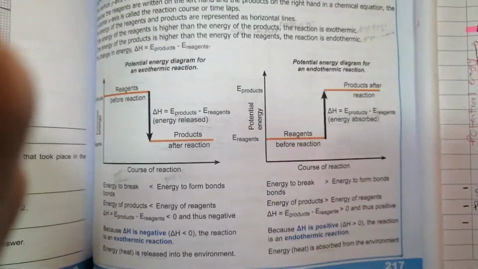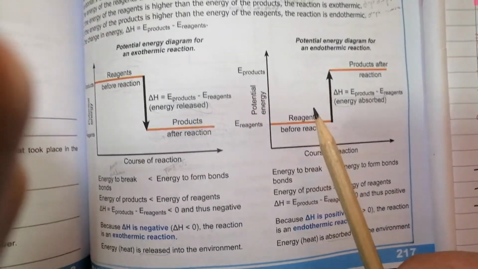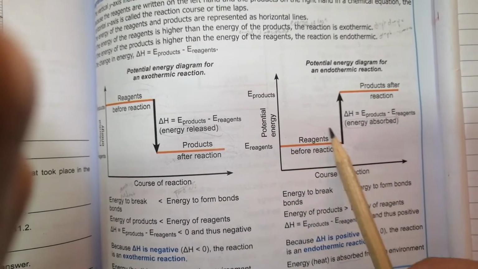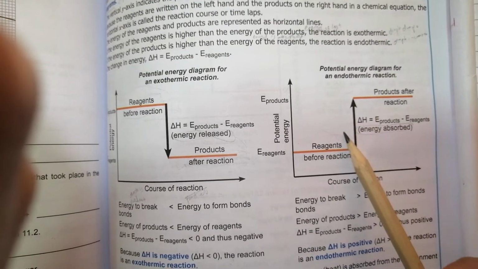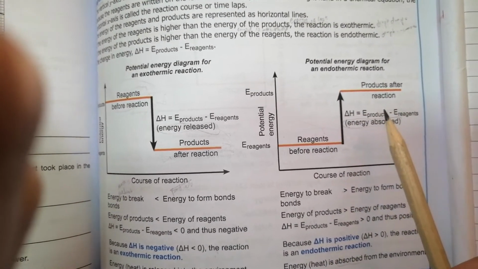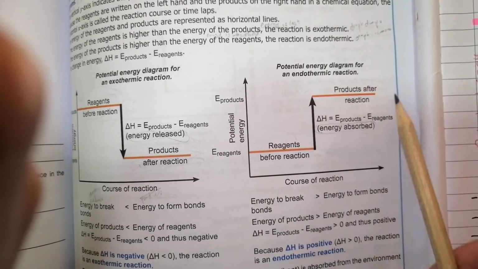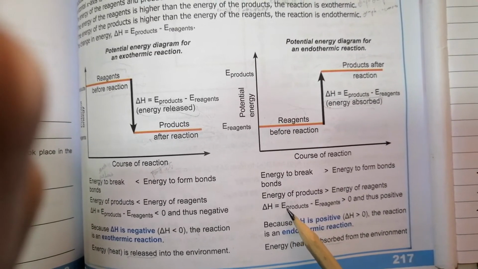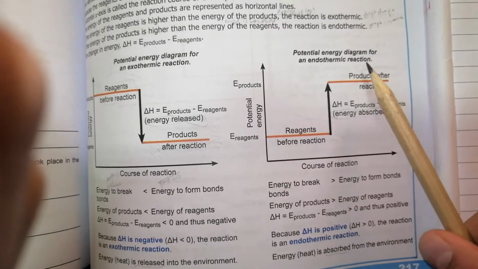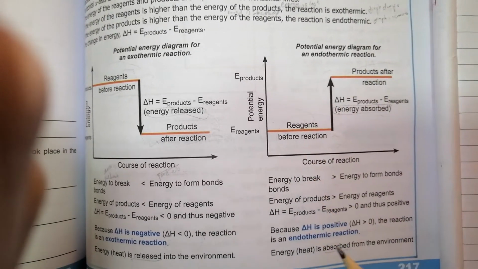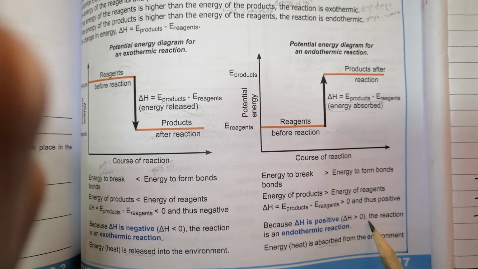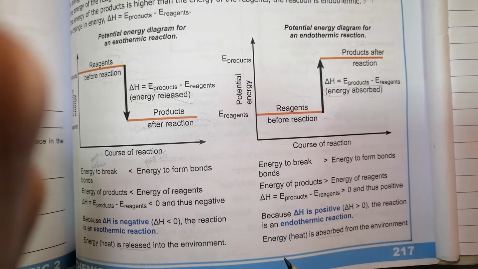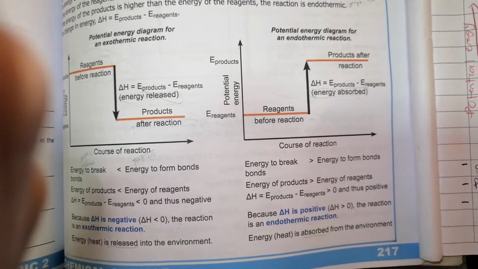Now, if you're looking at an endothermic reaction, it's the opposite. You're starting off low and you're ending off high. So here, the reagents is the low part. Then delta H is increasing because you're absorbing energy. And then the products is the higher part. If you have to work out delta H, which is energy of products minus energy of reactants, because the products are greater than the reactants, you will get a positive delta H. So delta H will be greater than 0, which shows it's an endothermic reaction and energy is absorbed from the environment.